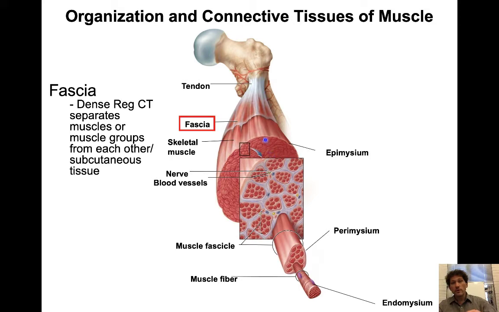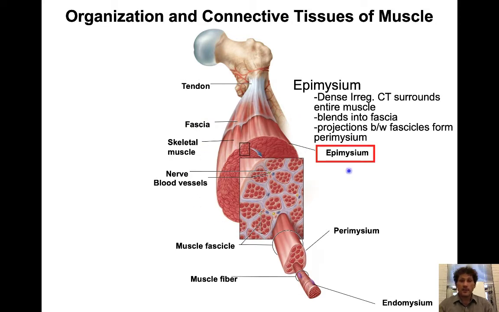And it also is separating these muscles from that subcutaneous tissue that's a little bit more superficial. So if you remember, we have our integumentary system, so our epidermis, our dermis, and then we have that subcutaneous fat, that hypodermis, and below that is where we're going to get into our muscles. And so if you were to dissect down, you would then come in contact with this fascia that's surrounding this muscle right here.